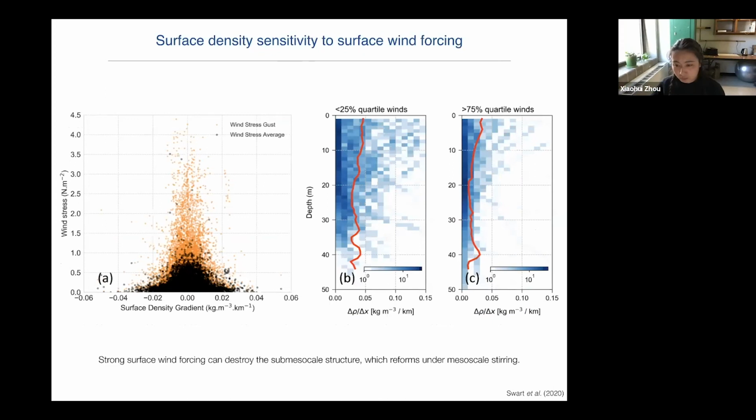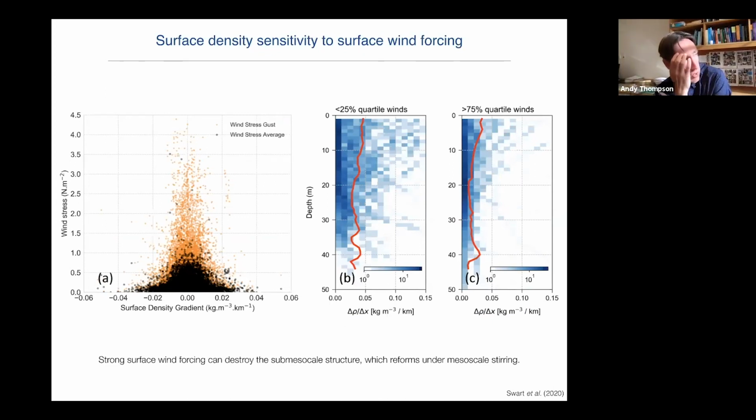So the point I was trying to make here is that we have done things like, okay, let's take the characterization of the surface density gradient from the glider and just use reanalysis data to estimate things like the Ekman buoyancy flux, because you know something about the strength of the winds and their orientation.